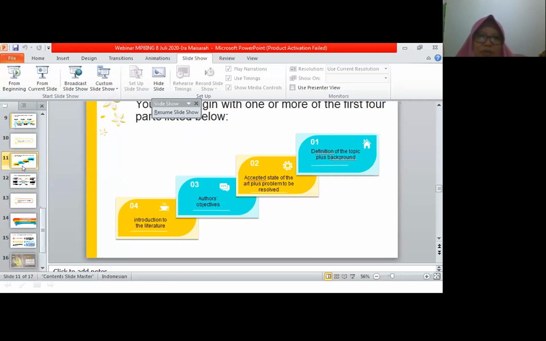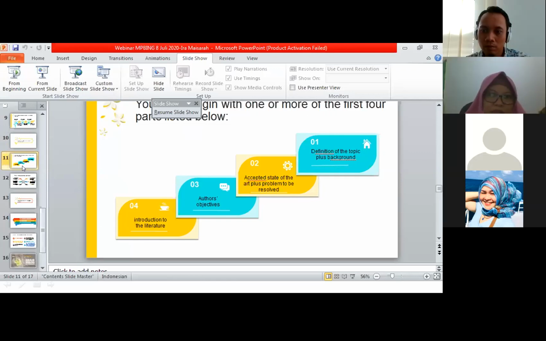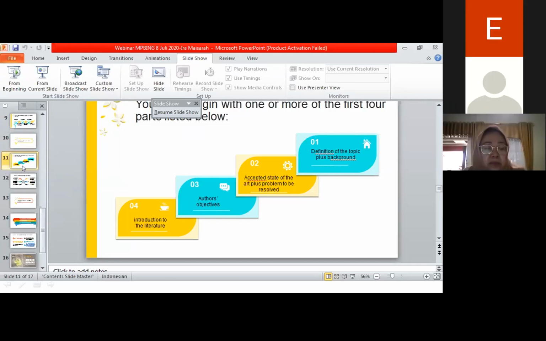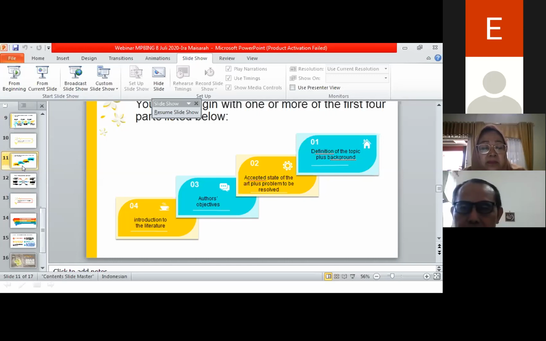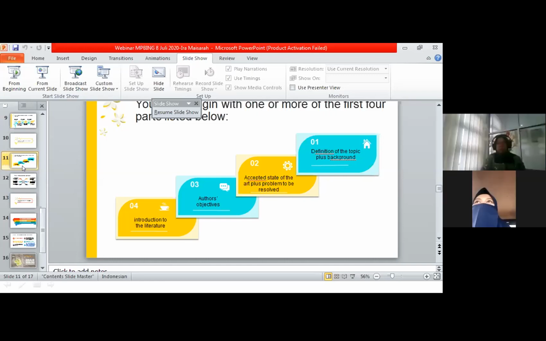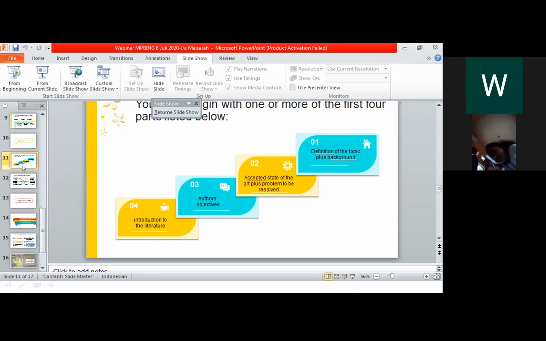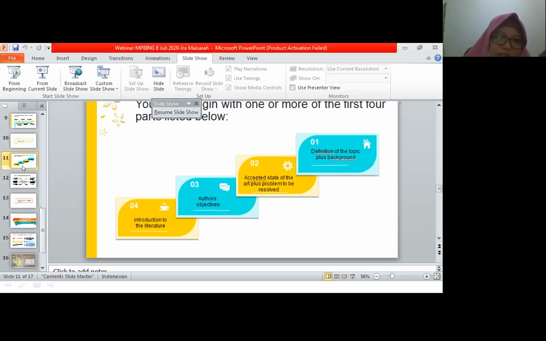And also, based on previous presentations, we have to read more to make good argumentation in our introduction, so that we can see the gap between the previous studies and our research, whether it has novelty or needs to be resolved in our research or not. And it is very important to write the author's objectives based on the research, and also an introduction to the literature review.